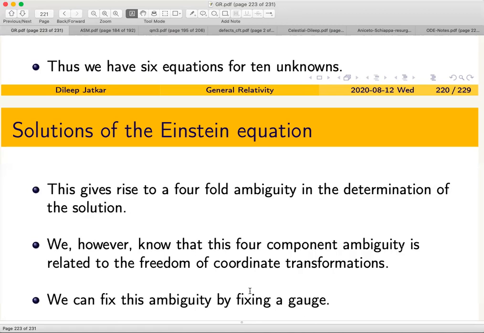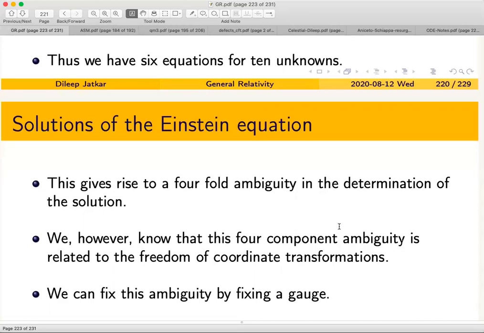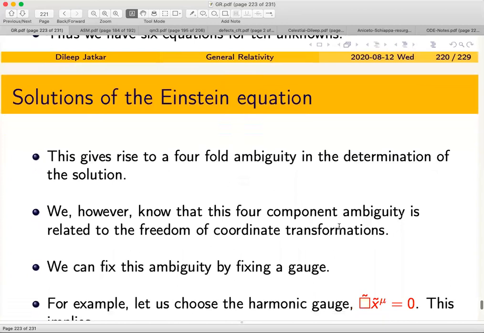It's the same geometry written in a different set of coordinates. Of course, this fourfold ambiguity can be fixed by just making a choice of gauge, exactly the way we do in electrodynamics, such that we get a solution in a particular choice of gauge.